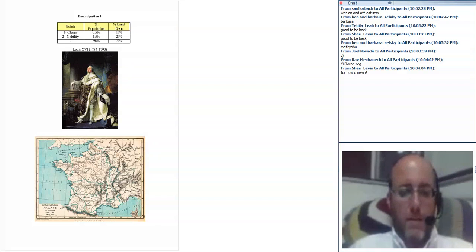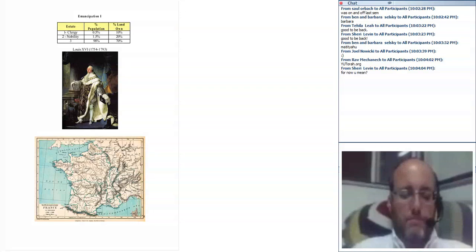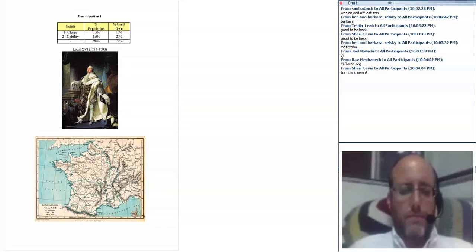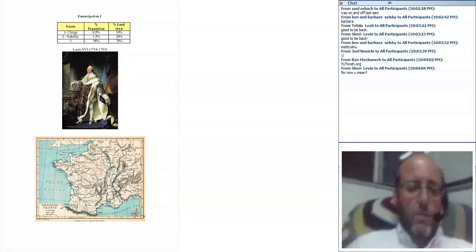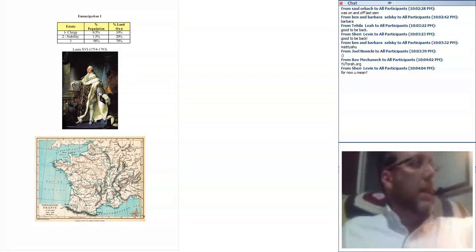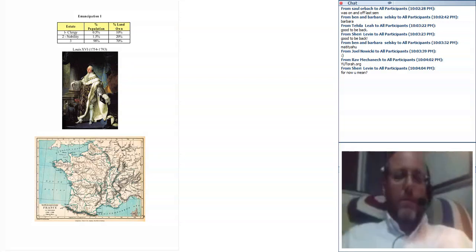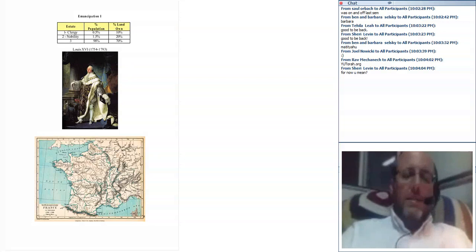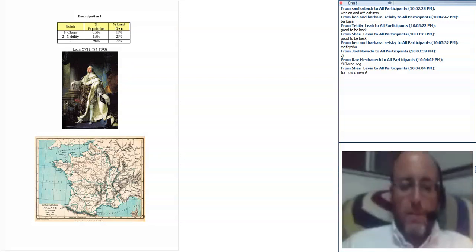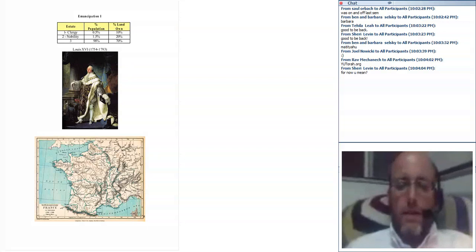These Enlightenment ideas that sweep Europe during the 18th century, and not just Europe, North America, the United States. The founding of the United States is very much an extension of this, have very serious consequences for Jewish life as well.